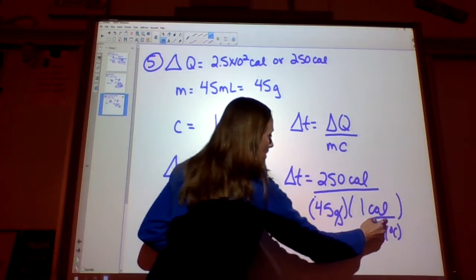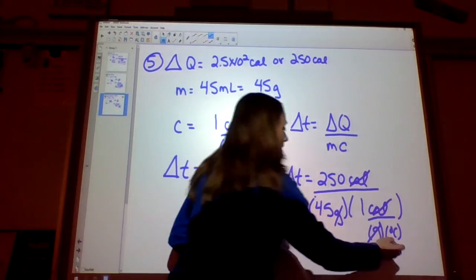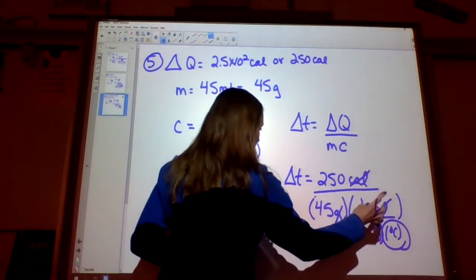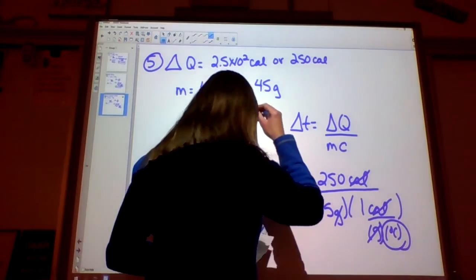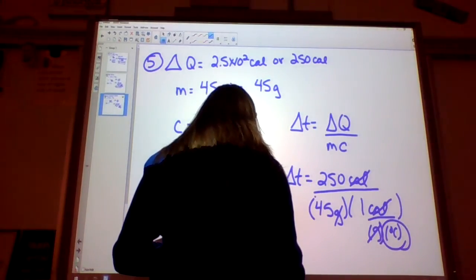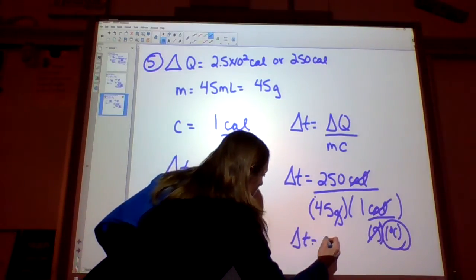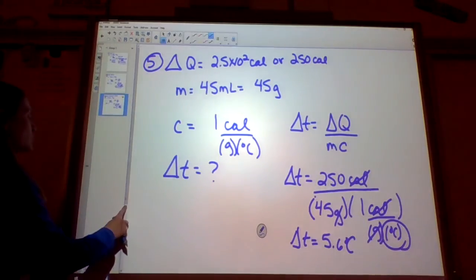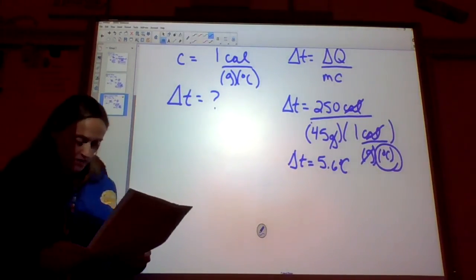Our grams cancel, calories cancel, and we're left with degrees Celsius, what we're solving. So 45 times 1 is 45. 250 divided by 45 is going to be 5.6 degrees Celsius.